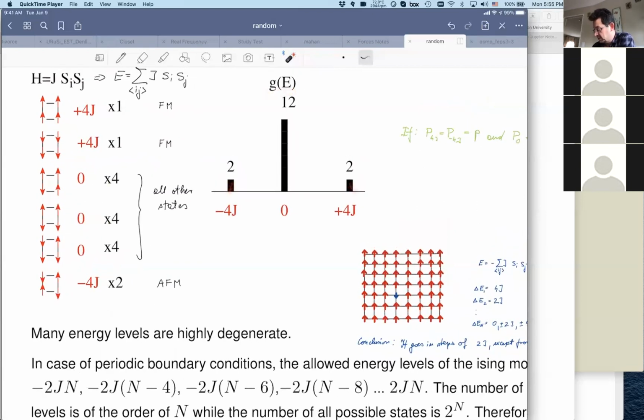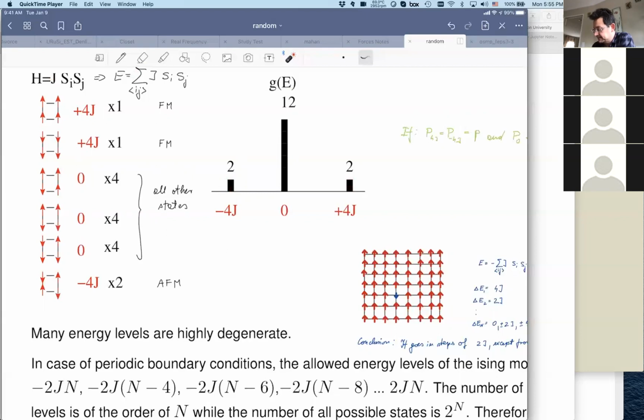There are two configurations which are antiferromagnetic-like and two which are ferromagnetic-like. So this minus sign that I forgot to consider for the antiferromagnet doesn't matter, because the many-body density of states for the antiferromagnetic and ferromagnetic Ising models look the same.